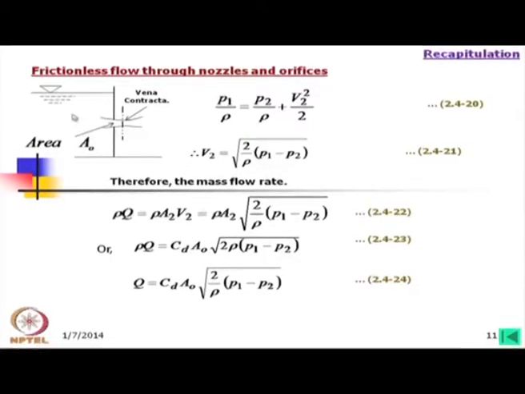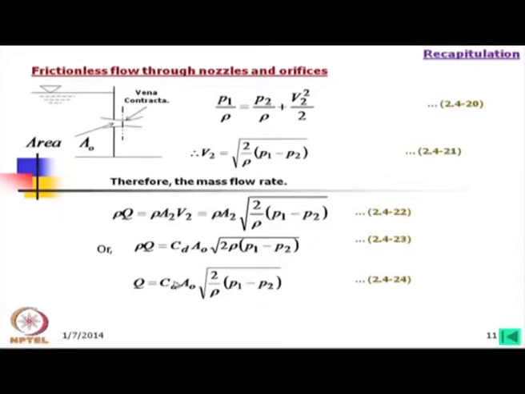If we know the upstream pressure, then the velocity will be square root of 2 by rho into P1, multiplied by a factor CD. Fluid power equipment is designed in such a way that you will mostly find this CD value very close to 0.6, which you can remember.